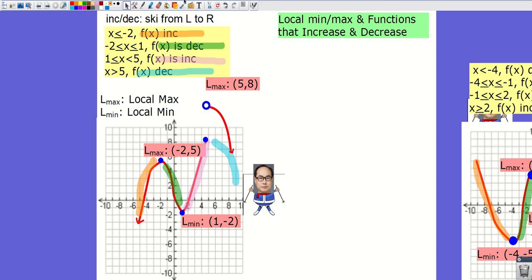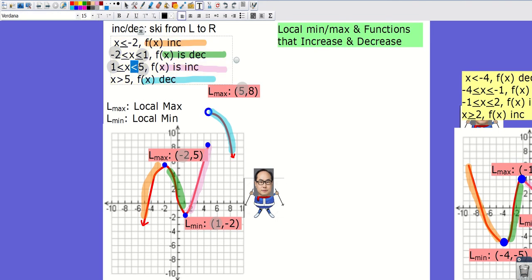Remember, we're only focused on the x coordinates. It includes the 5 in the pink's case, so we're going to bring back this "or equal to" sign.